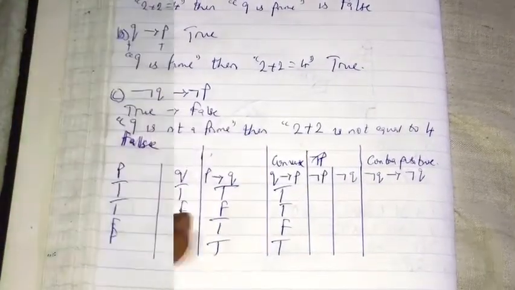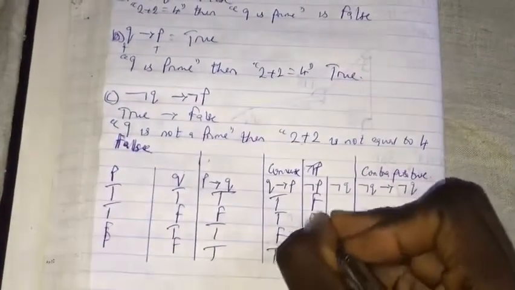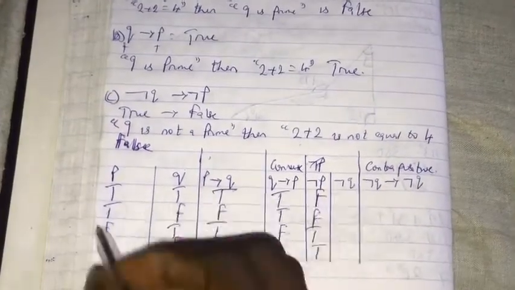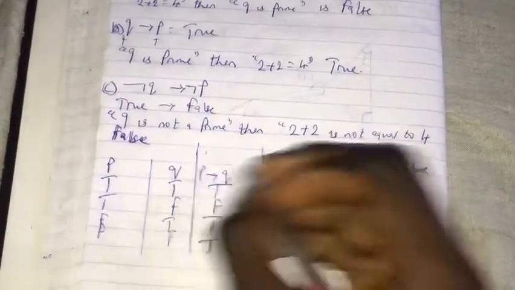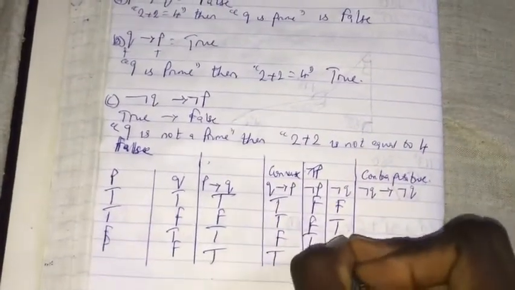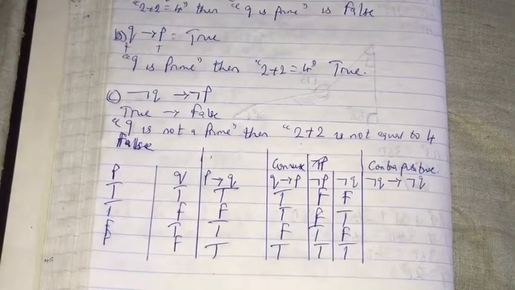So for the negation, similar. Negation of P, we have false, false, true, true. Negation of Q, we have false, true, false, true. So now it is easier for us to get the contrapositive.